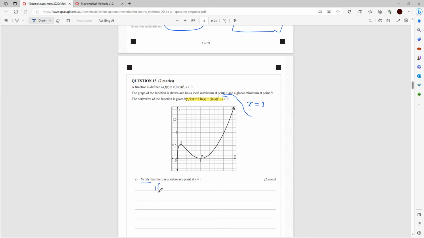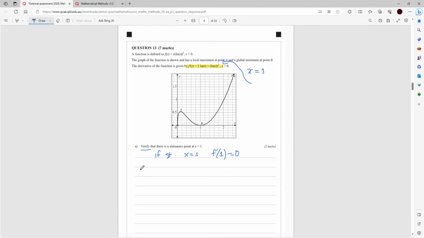So if stationary point, I'll just write SP, that means x equals 1, that means f dash of 1 should be 0. You write that, then you literally just write the equation. f dash of x is 2 log of x plus log of x all squared. And then you substitute x equals 1.